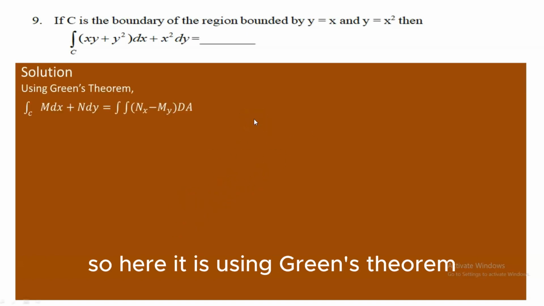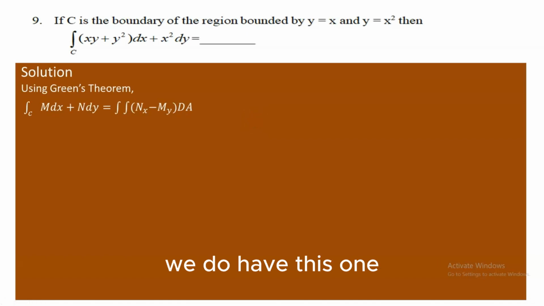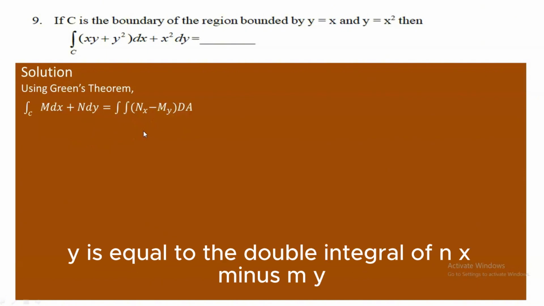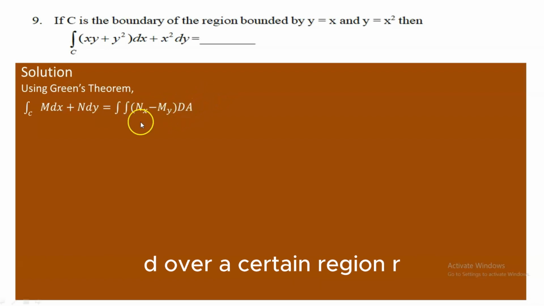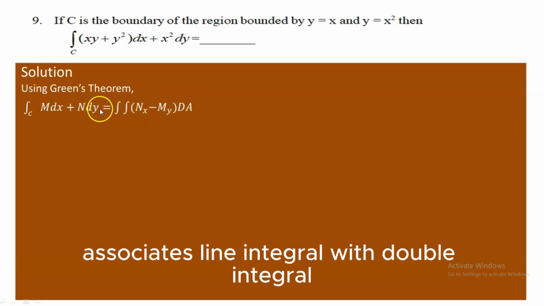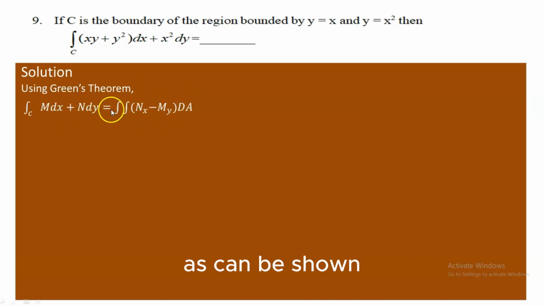So here it is, using Green's theorem, we do have this one: the line integral of M dx plus N dy is equal to the double integral of Nx minus My dA over a certain region. So Green's theorem associates line integral with double integral, as can be shown.